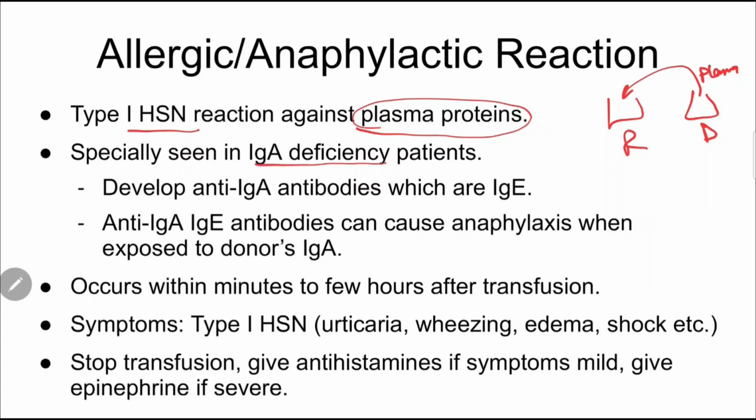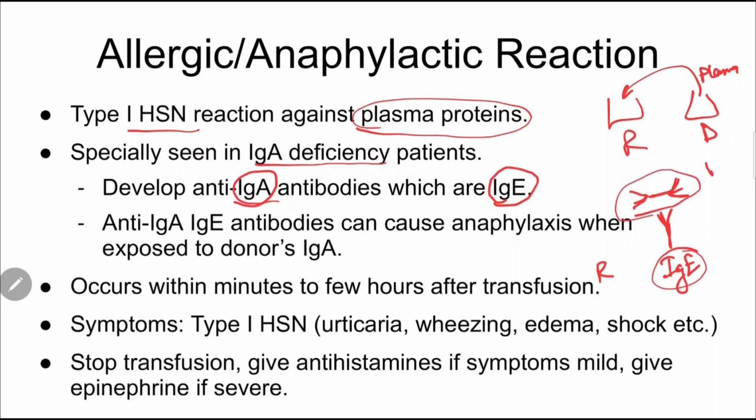What happens is that the IgA deficient patients develop IgE antibodies that are against IgA, right? So this is an IgE antibody, developed against IgA. It makes sense that this IgE is from the recipient and this IgA is present in the donor's blood.